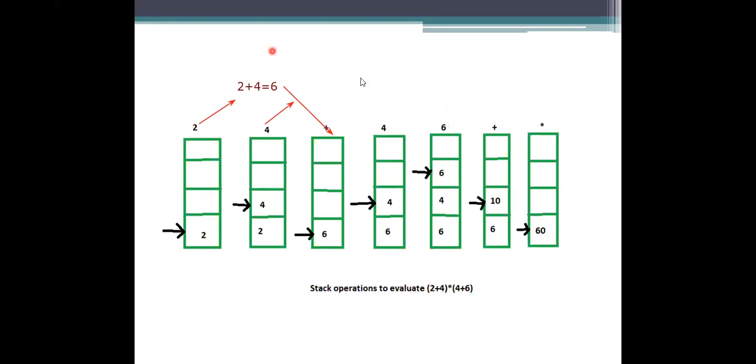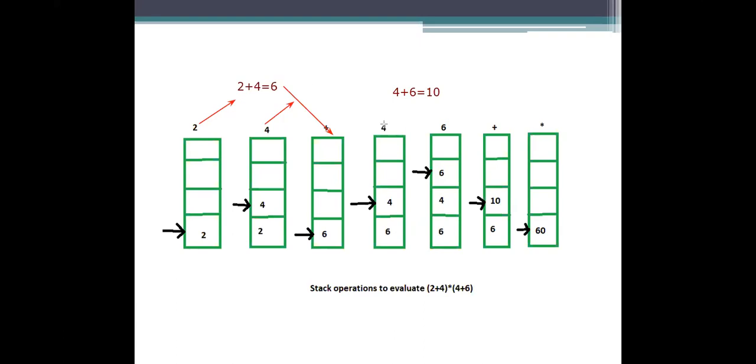The operand it read is 4, the operator is plus, and the other operand is 6. So the answer here is 10. It won't go for the last representation here, only the past two push operations applied on the stack. Then it will get the answer, 10.